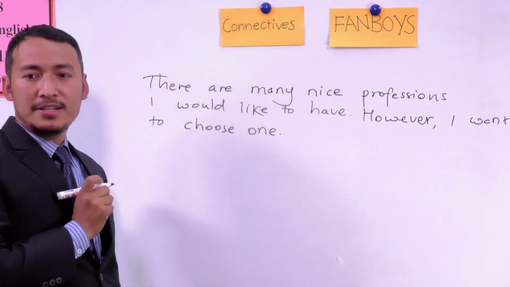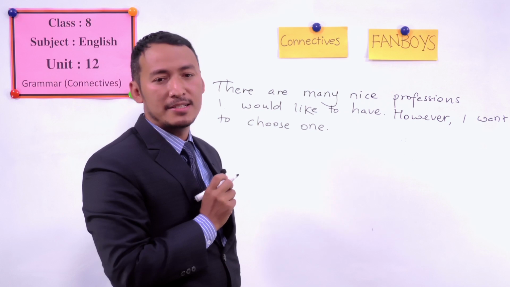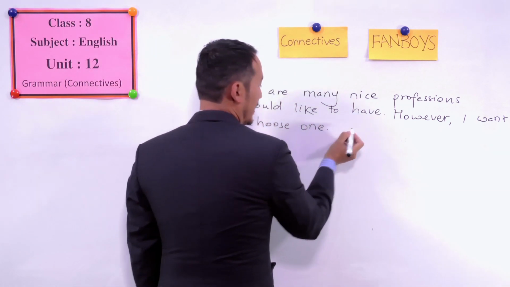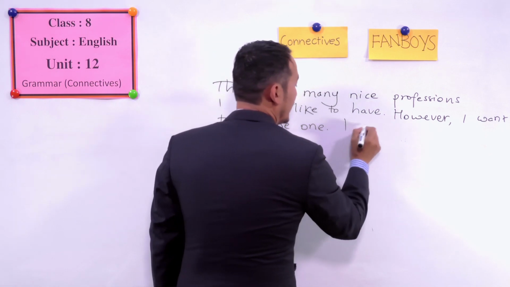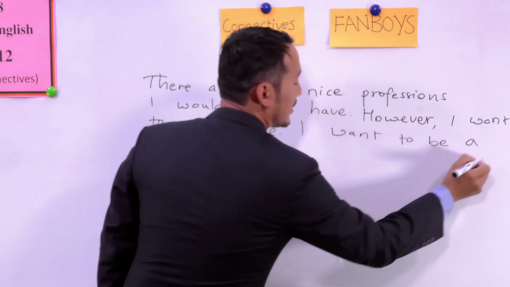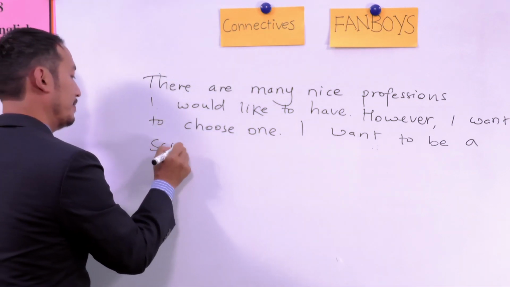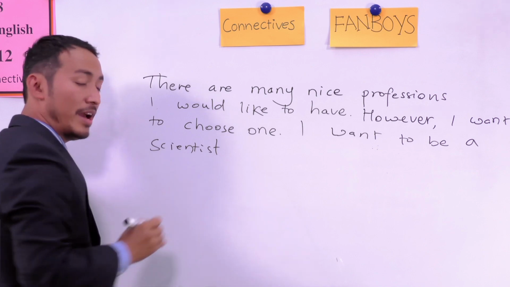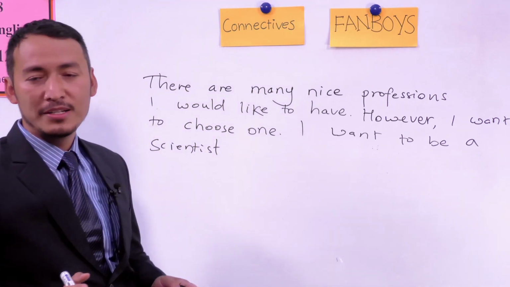And there is another sentence. I want to be a scientist. I like new inventions. You can say, I want to be a scientist. Here you have the reason why you want to be a scientist.